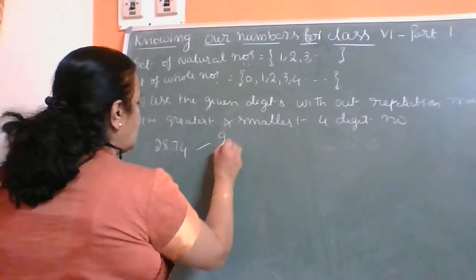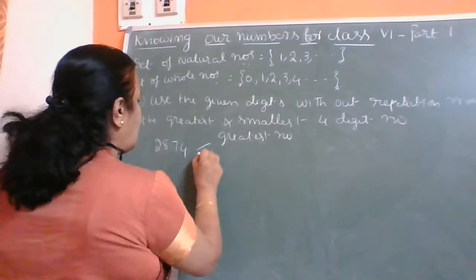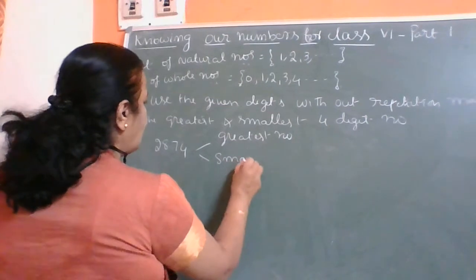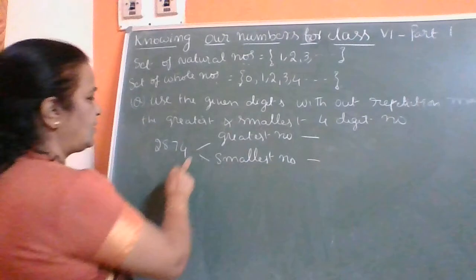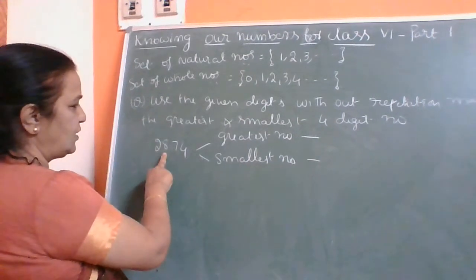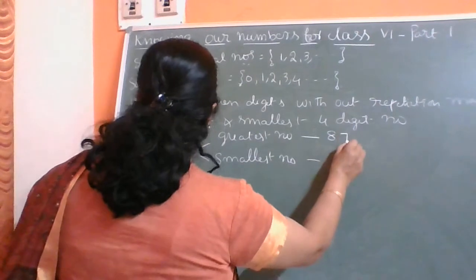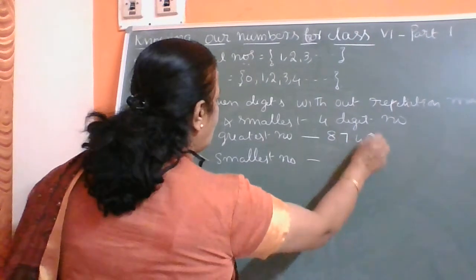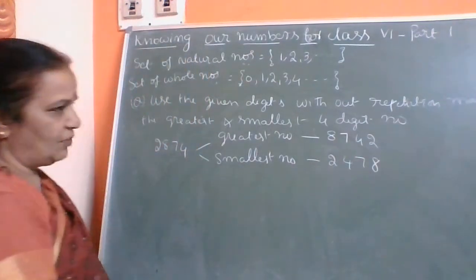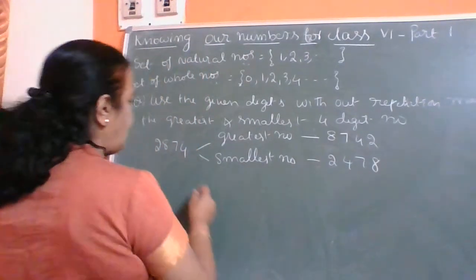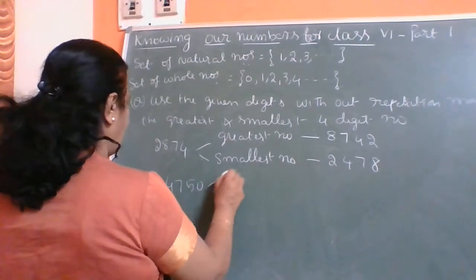Now here, the greatest number and the smallest number using these digits. Here 8 is the highest digit, therefore it is 8742, and the smallest is 2478. And one more sum of the same type is 4750.